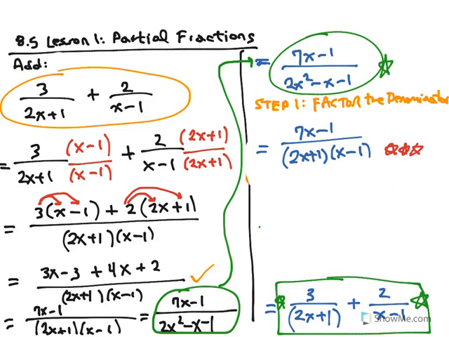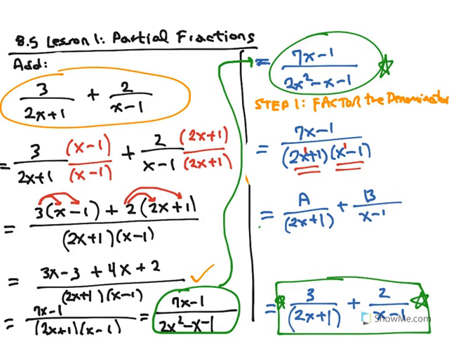Today we're only considering what happens when the denominator factors as a product of two distinct linear factors. Distinct means they're not the same. Linear means x is raised to the first power in each factor. So when you have the denominator factor as a product of two distinct linear factors, this is the form of the partial fraction decomposition. You'll have some constant over one of the factors plus some constant over the other factor.